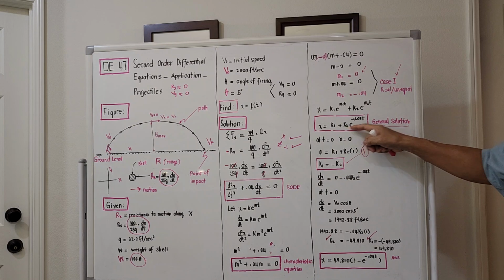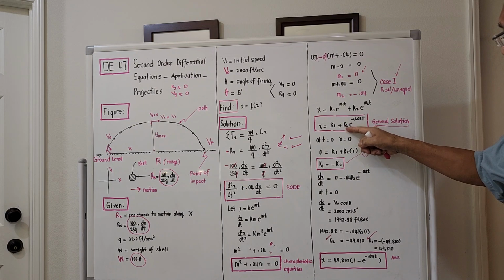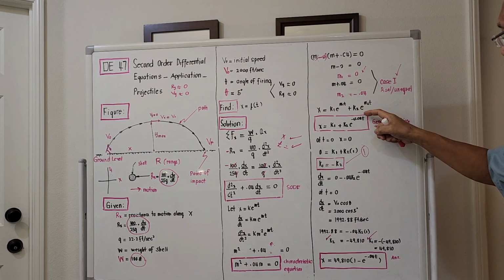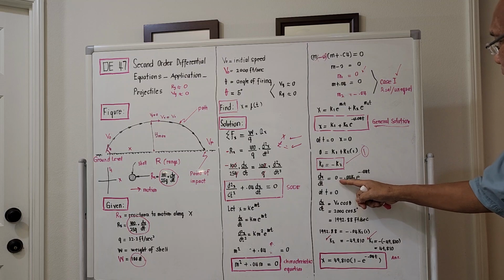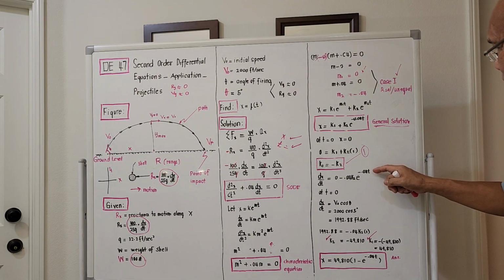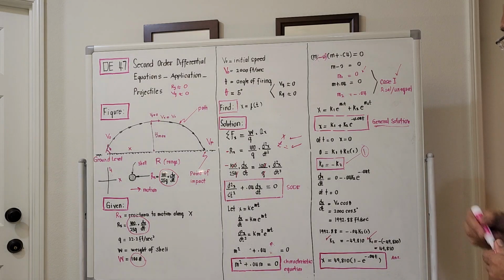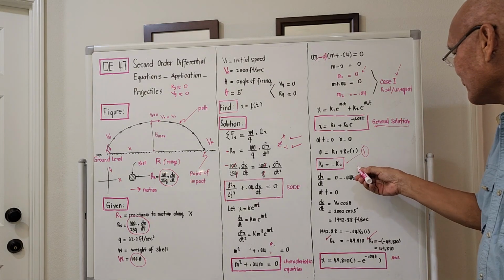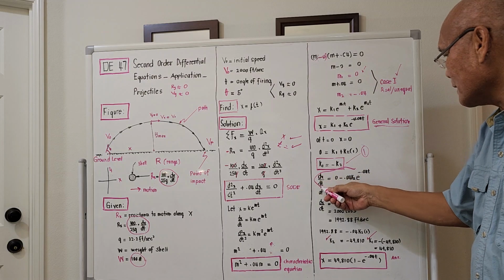The derivative of the second one will be k2 times the derivative of the exponent. The derivative of the exponent is negative 0.04 times 1, so negative 0.04 times k2. This should now be negative 0.04 k2 e raised to negative 0.04t. We are now given the first derivative of x with respect to time.